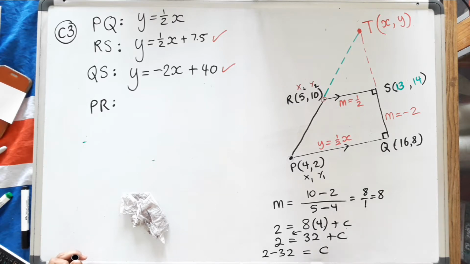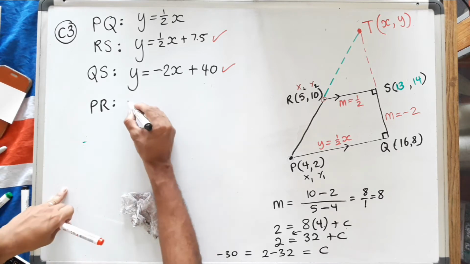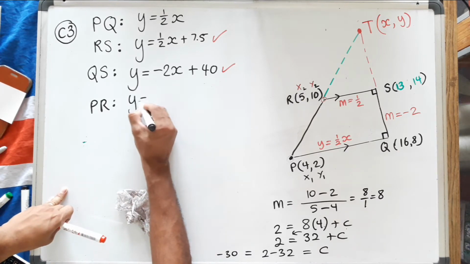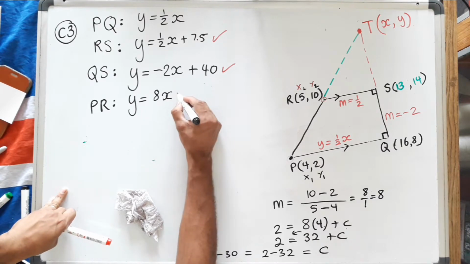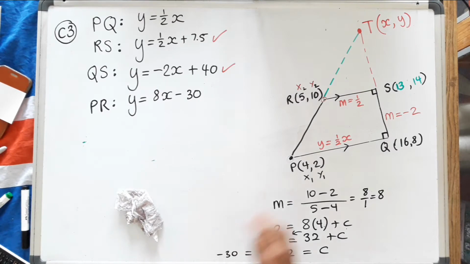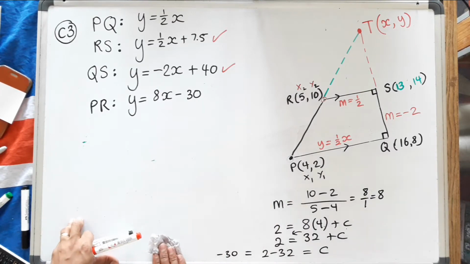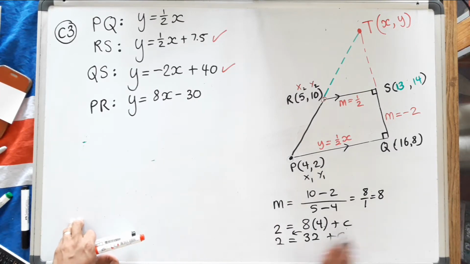So that means C, sorry for the space here, is minus 30. So what's the equation of PR? Y is equal to 8x minus 30. Right, so we have the equation of PR now. I hope I did everything correct there. Yep, looks about correct.